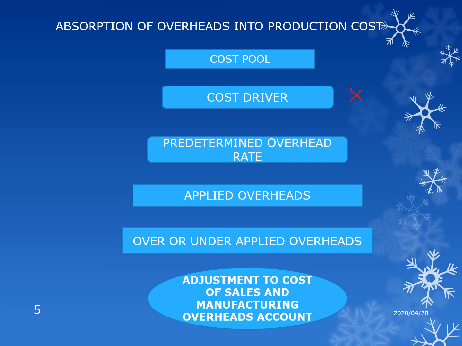For example, if you are using production volume, your formula will be budgeted manufacturing overhead divided by budgeted production volume. If we are using labor hours, it's going to be budgeted manufacturing overhead divided by labor hours. If we are using machine hours, it's going to be budgeted manufacturing overheads divided by machine hours. Those will be the rates.